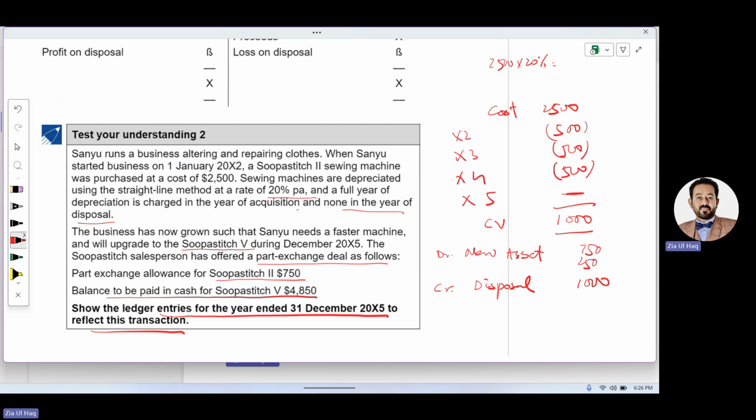So with the 250, we will debit the profit and loss account as a loss. And then we need to record debit new asset, credit cash with the amount of 4,850.